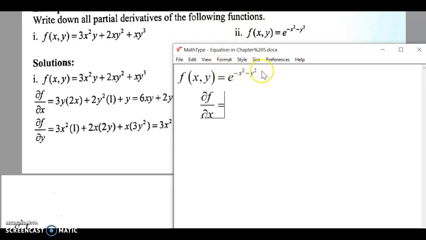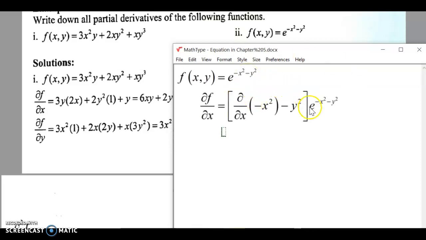But for this one, when dealing with partial derivative, as we have discussed before, we need to focus on x, and y will be considered as if it does not exist, in the case of subtraction and summation.